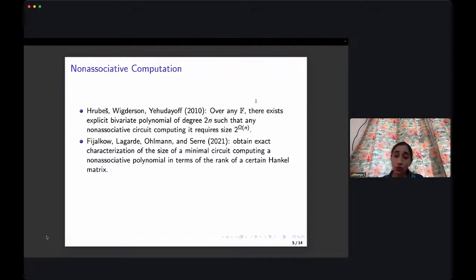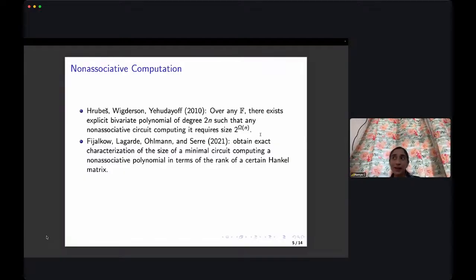And not only do we know that, similar to Nisan's characterization for non-commutative ABPs, we also have exact characterizations of the size of the smallest circuit computing a non-associative polynomial in terms of the rank of a certain matrix. So we have really strong lower bounds, and we also have exact characterizations.